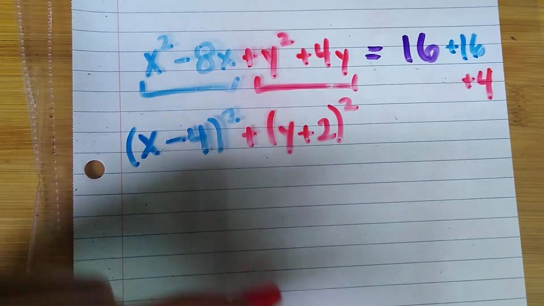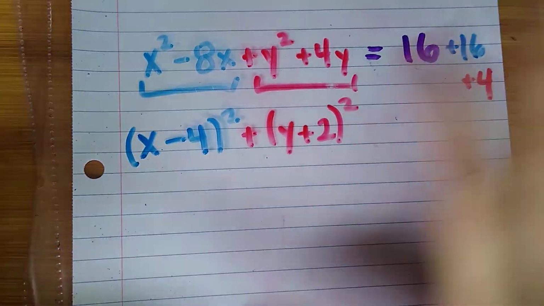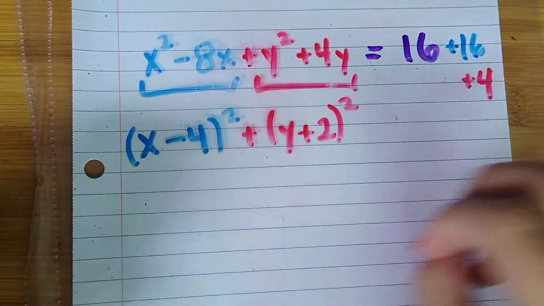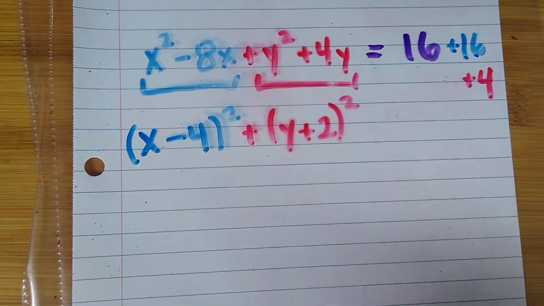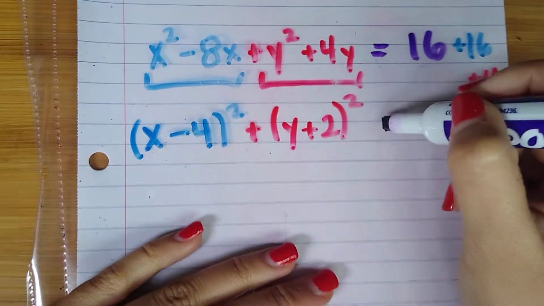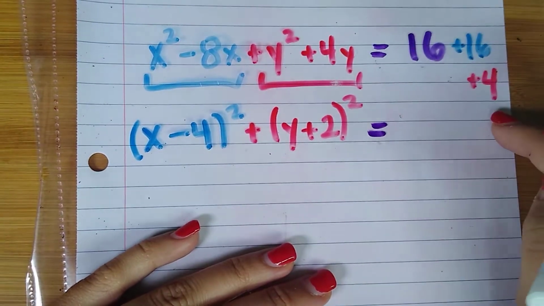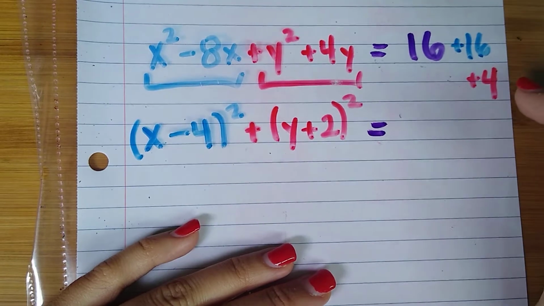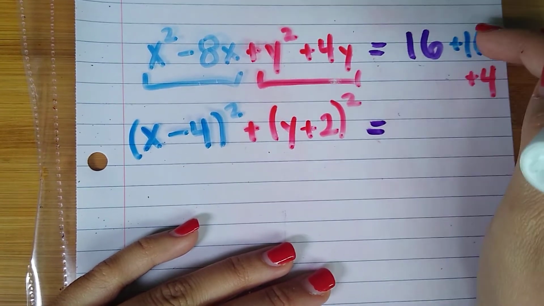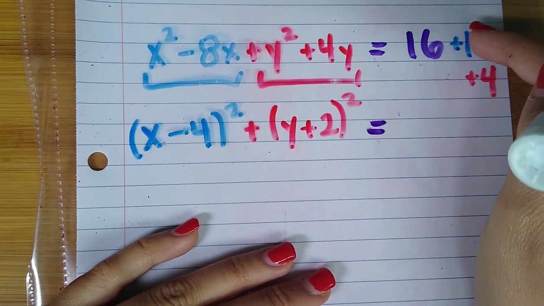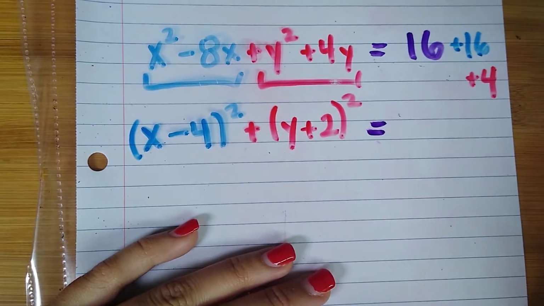That way I'm not really doing anything, right? I'm just moving things around. I'm adding things here, but I'm also adding it here, so the equation is still balanced. And so now when I combine like terms on this side, I have 16 plus 16 plus 4, so 16 plus 4 is 20, and then 20 plus 16 is 36.